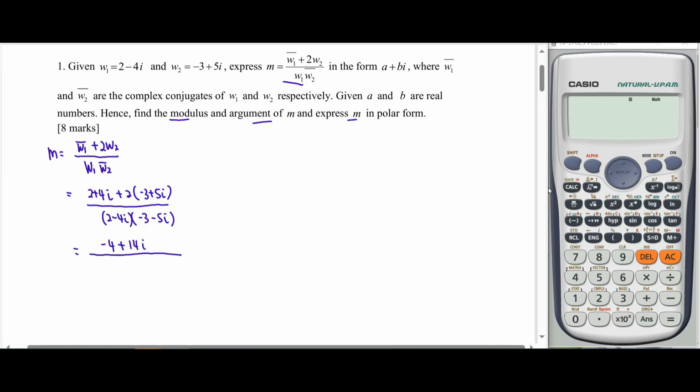Then we do the multiplication of the complex numbers at the denominator. We expand, we have negative 6, negative 10i, and then multiply this, plus 12i, and then plus 20i squared. So i squared, we can simplify it to be the value of negative 1.